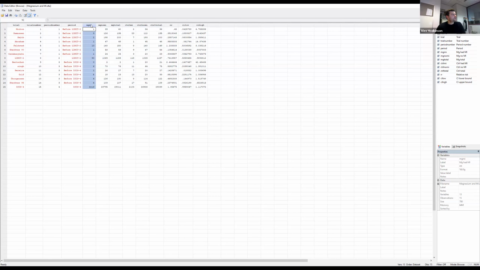We've got the number of myocardial events in the magnesium group, the number of non-events in the magnesium group, and then the total number of patients randomized in each of the trials to magnesium, and the same for the control arm as well. We've also calculated the relative risk of the intervention compared to control with the corresponding 95% confidence interval.